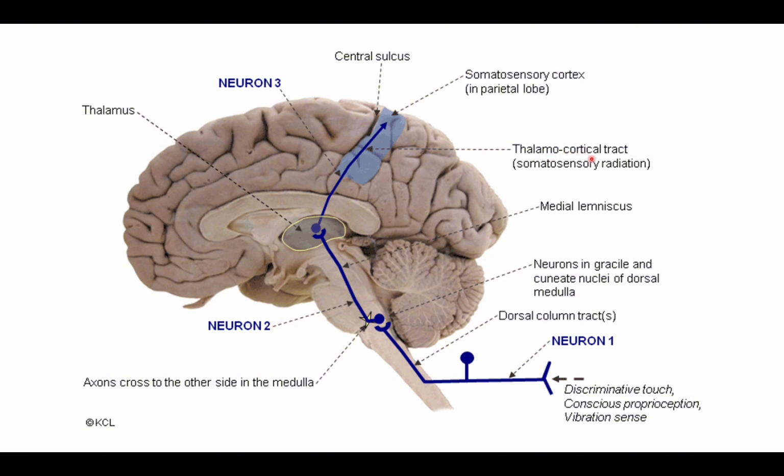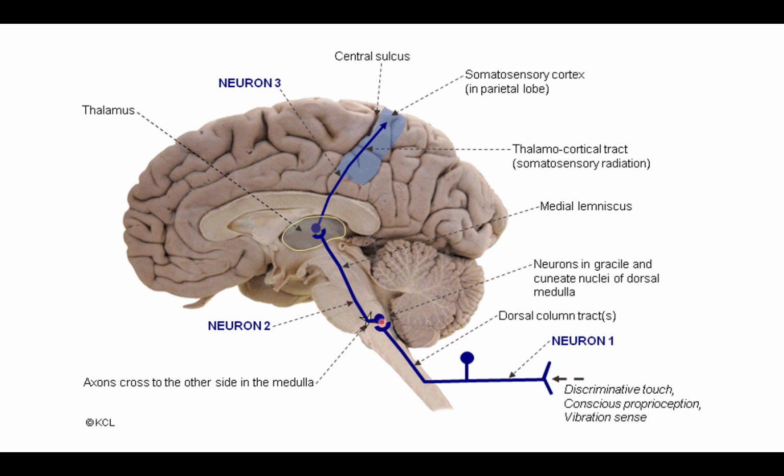This is the thalamocortical tract, somatosensory radiation. As we will see, it will pass through the internal capsule before it gets to the cerebral hemisphere. Another important thing you have to note here is the second order neuron.